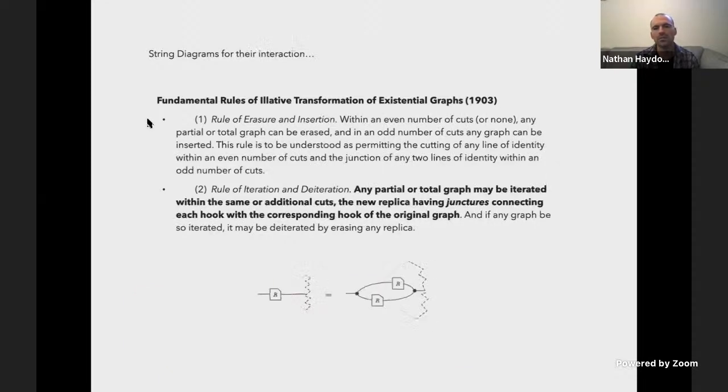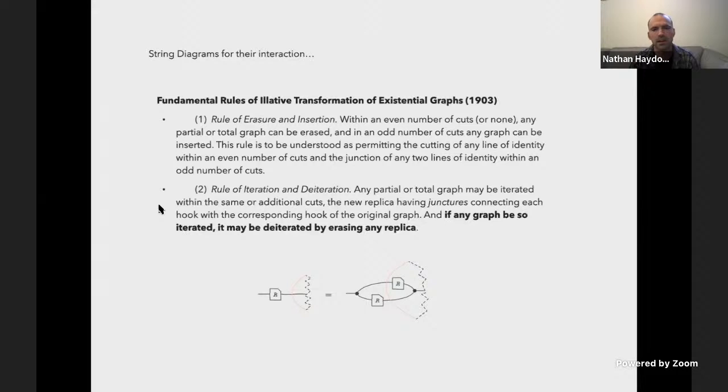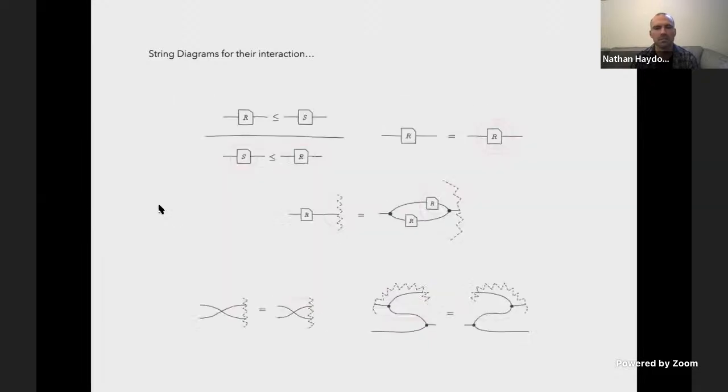And the iteration and de-iteration rule now applies through a cut context. So we add these new replicas, where in that example that I just showed, we duplicate the relation in the two wires, but now we can move one inside a cut. And likewise, if we had a relation on the outside, we can move it back out. So any graph, if it could be so iterated, may be de-iterated by erasing a replica.